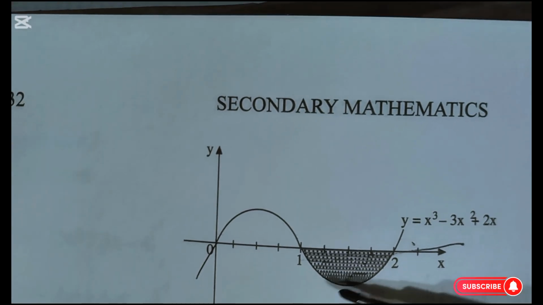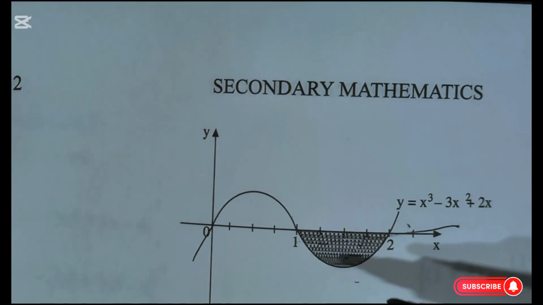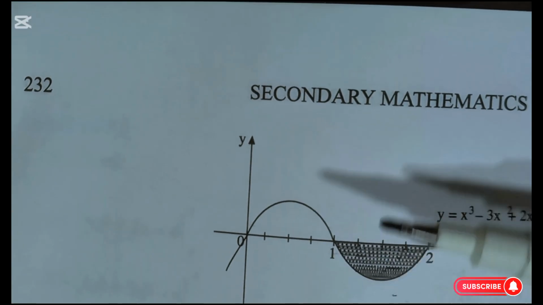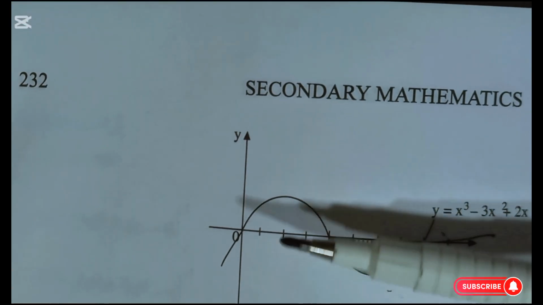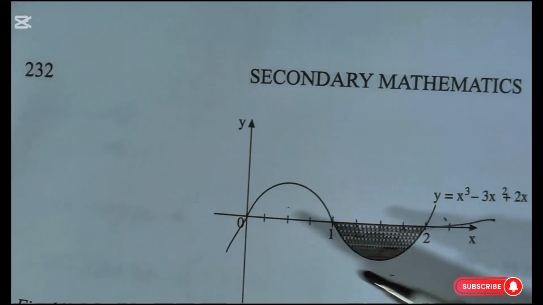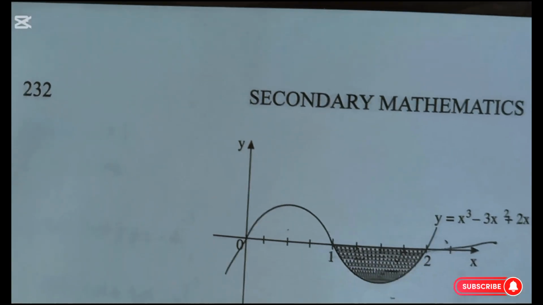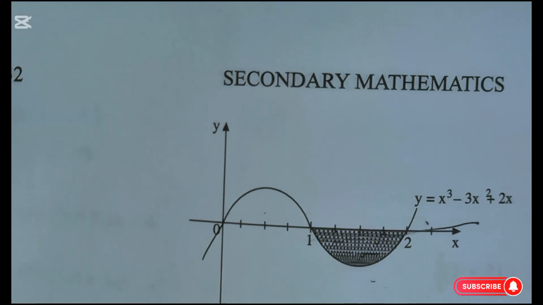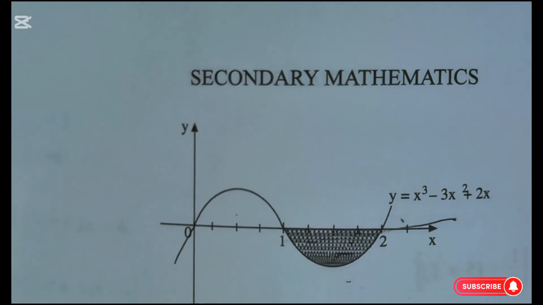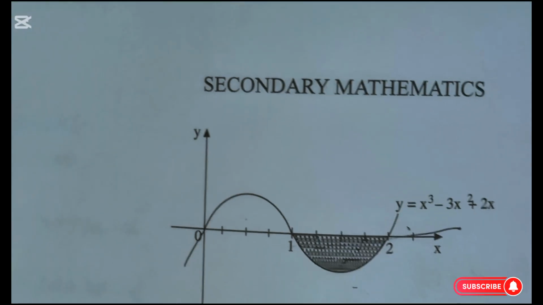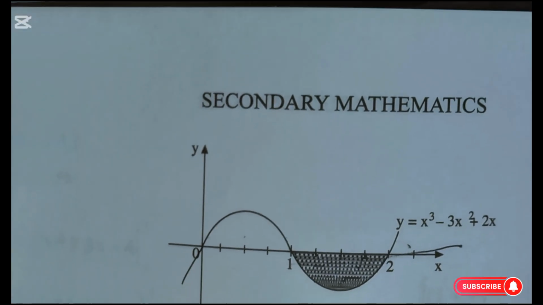If it's positive, then we're talking of the area that is above the x-axis. So this particular shaded region would give a positive integral answer, and this one here, because it's below the x-axis, will give us a negative answer. So I'm letting you know that so that you are prepared mentally before we dive into the problem and try to solve it.